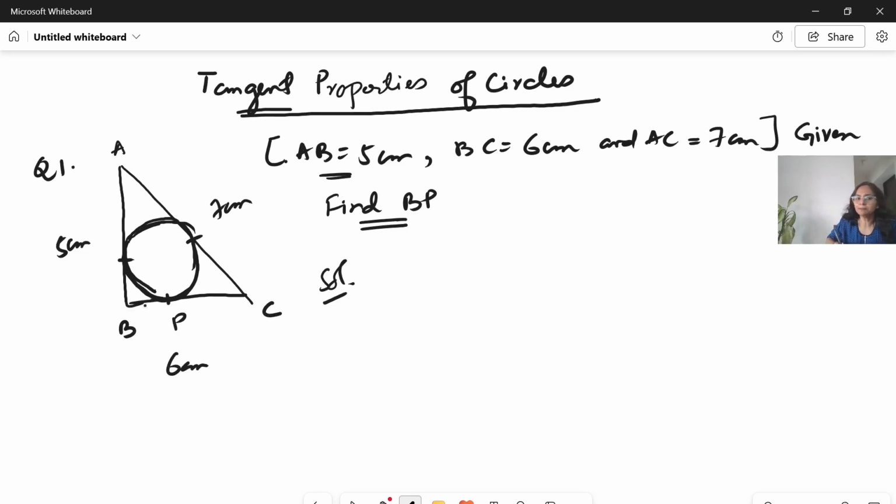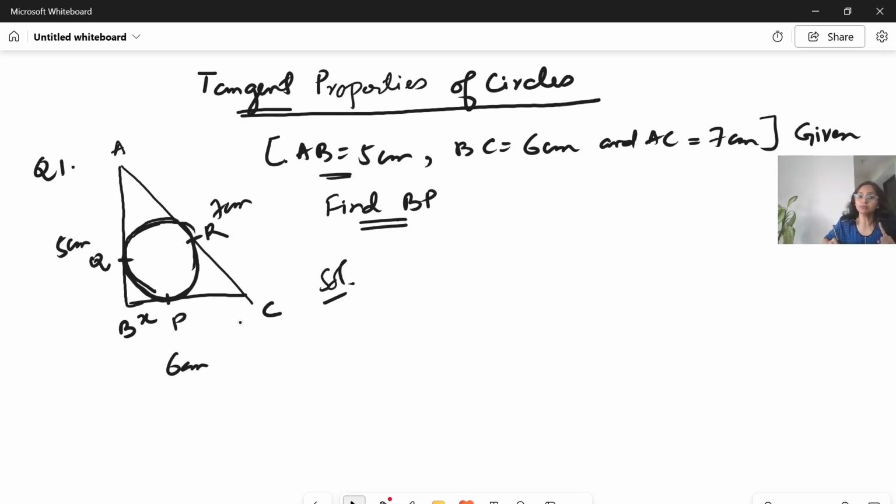Let BP be equal to X. Now see, BP is a tangent to the circle. Let's name these points: this is P, this is Q and this is R. So BP is a tangent, BQ is a tangent, AQ is a tangent, AR is a tangent, RC is a tangent, and PC is a tangent.